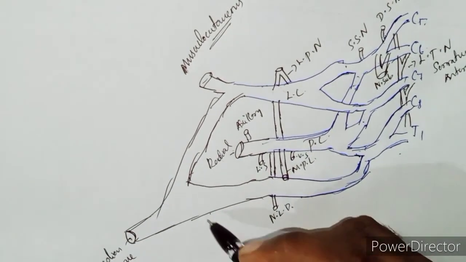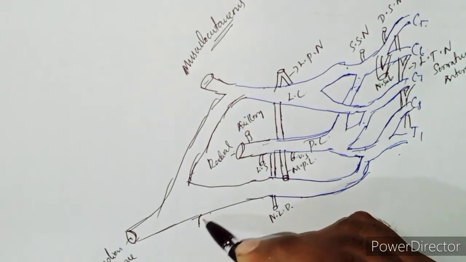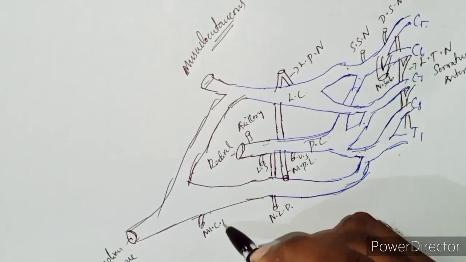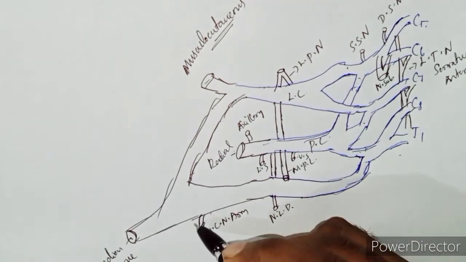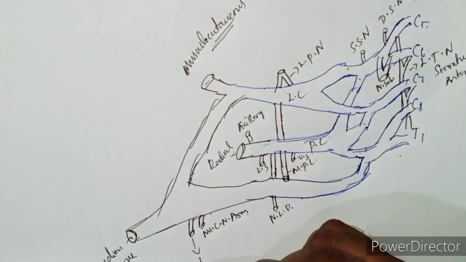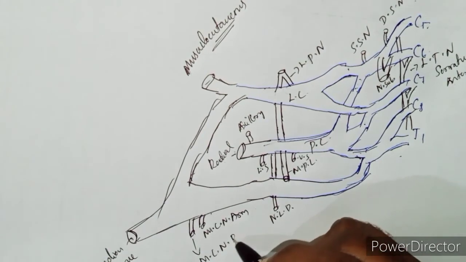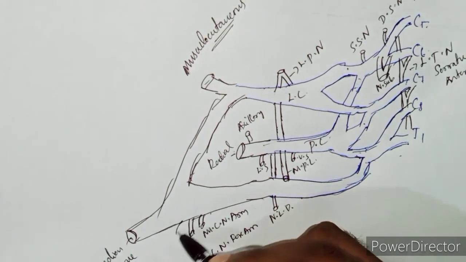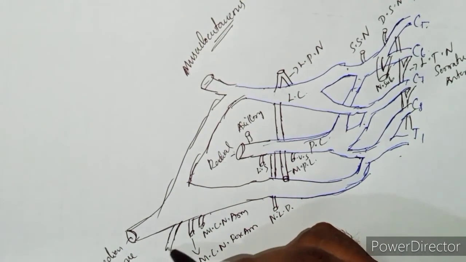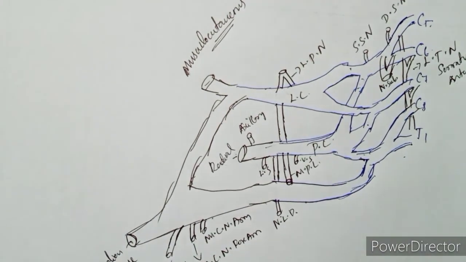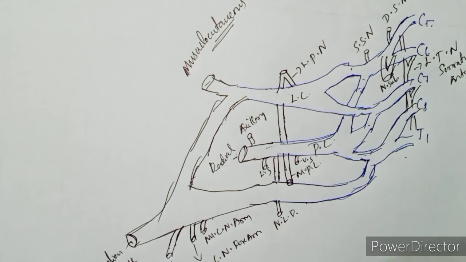And then we have another branch in the medial cord, that is the medial cutaneous nerve of arm. And next to that we have another nerve that is called the medial cutaneous nerve of forearm. And then next to that we have another nerve that is called the ulnar nerve. Okay, we have seen all the branches.